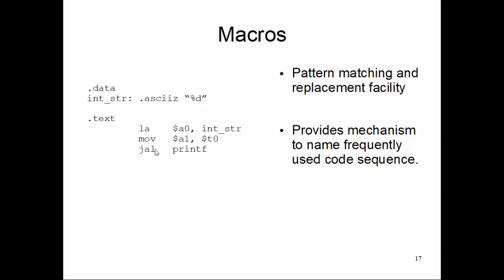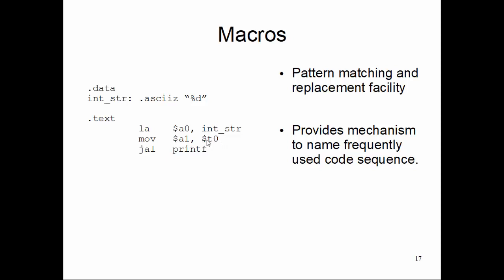So these three lines, without going into further detail on what LA, move, and JL are, we'll explain later in a different lecture, not today's lecture. But this three pieces of code enables printing of an integer stored in a register, or let's call it a variable for the time being, in a variable called $T0.